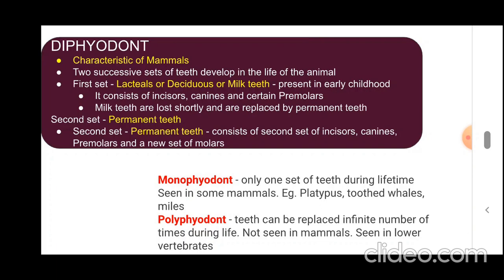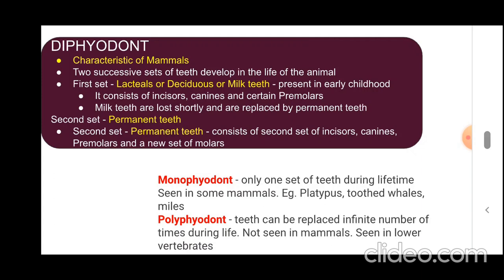In the milk teeth only a few molars may be present, but in adults, in the permanent teeth, more will be present. The new ones which erupt are known as the new set of premolars or molars. Incisors and canines are lost, and new ones erupt in their position.